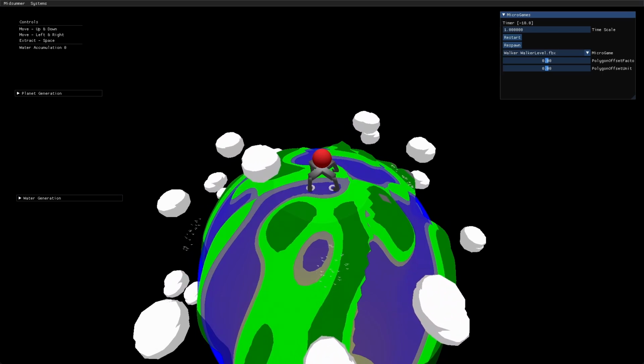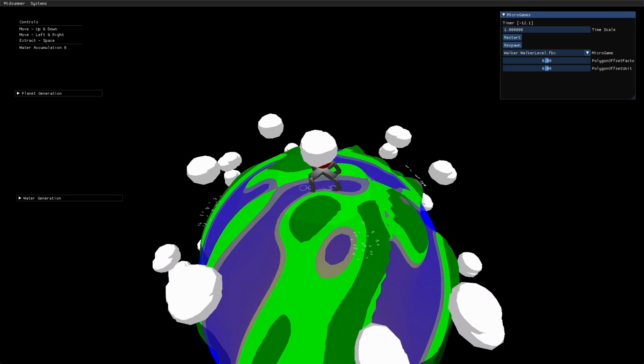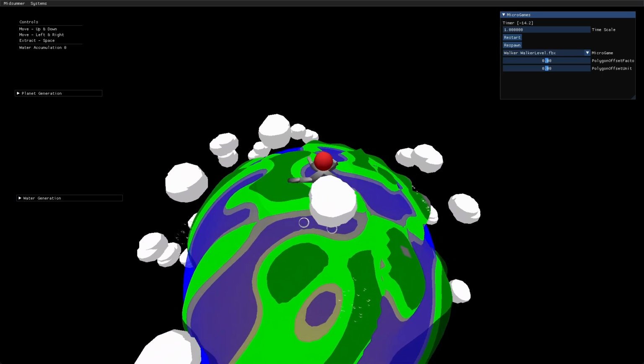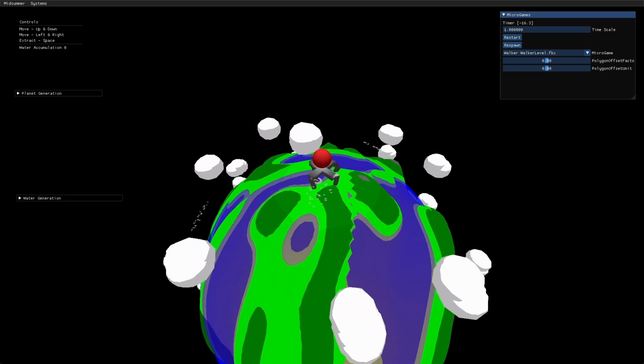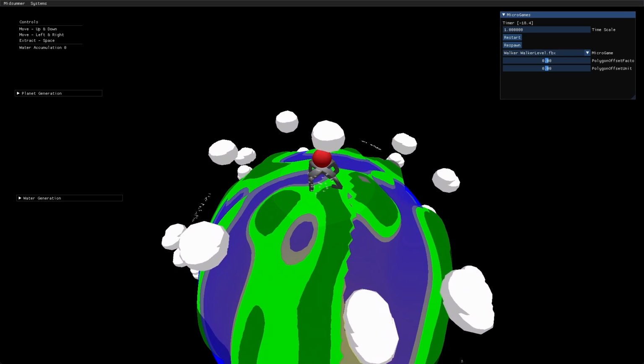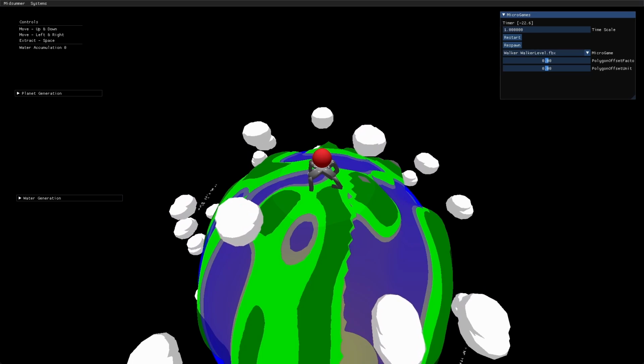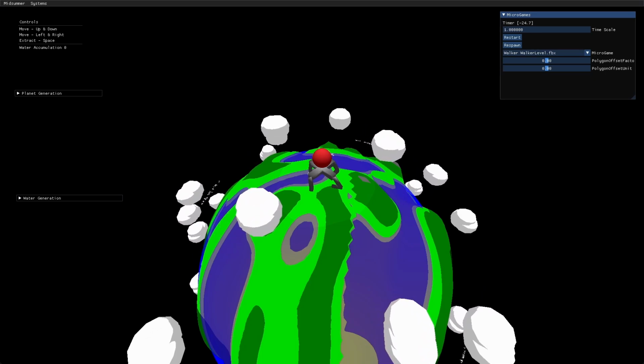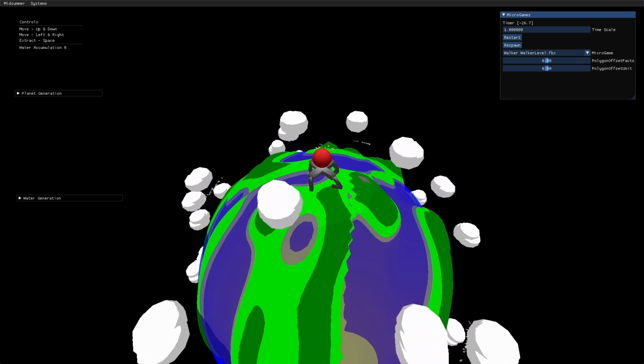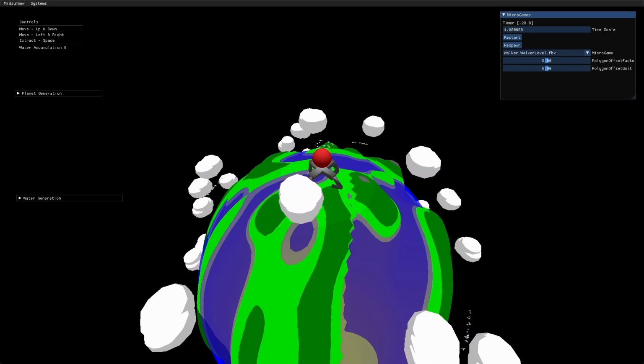So what did I need to do here to make this work? I had to change the generation of my spheres to an icosahedron, which is a collection of equal-size triangles, and then subdivide it more and more to create a smooth surface.